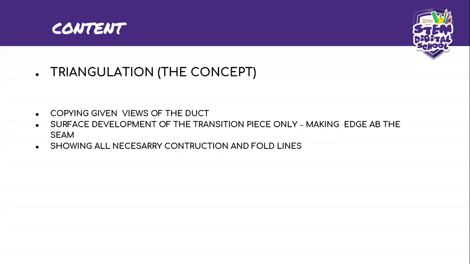In most cases, you find that these views are to do with ducts. Then we're also going to do surface development of the transition piece only, right? And given a specific edge, but in this particular task, we are going to look at AB as the seam. Right, we are also going to show all necessary construction lines and fault lines.